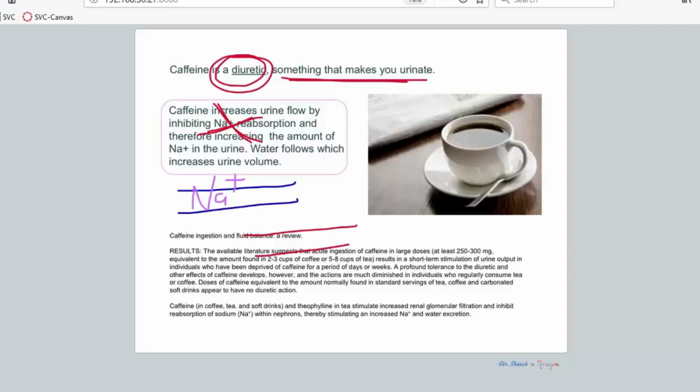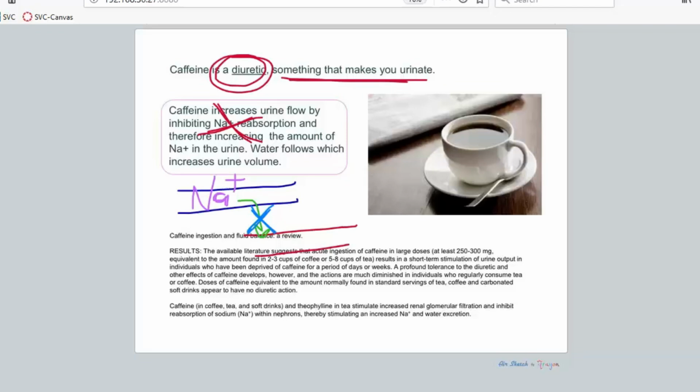So if that's sodium right there, and whereas aldosterone would normally cause sodium to be reabsorbed, caffeine is coming in and saying no.